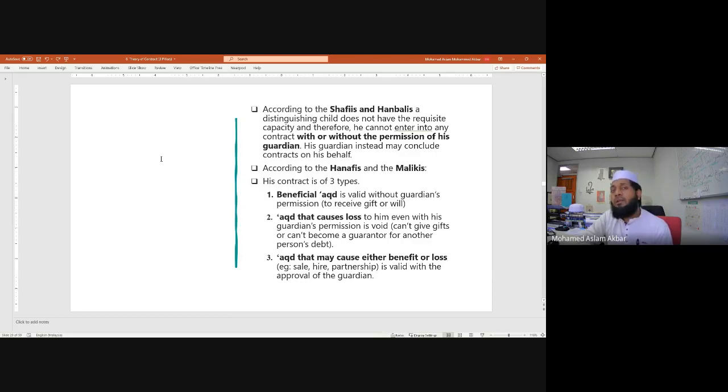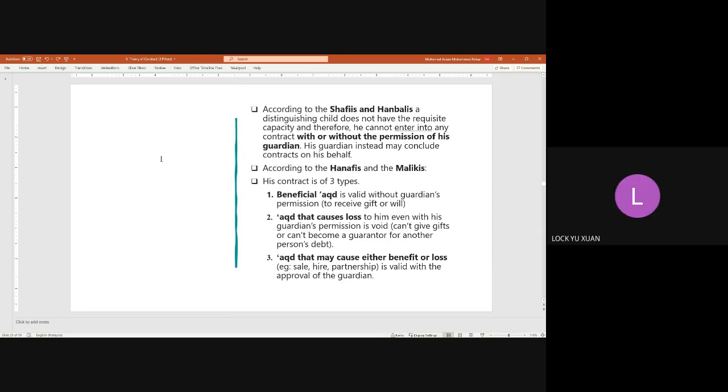It's not about buying some chocolate or some eateries. Here we are talking about trading. Can he be involved in trading or not? According to Shafi and Hanbali, he cannot, because he is not major.